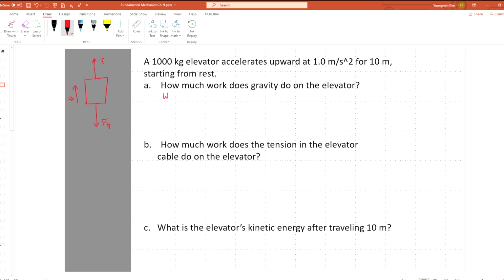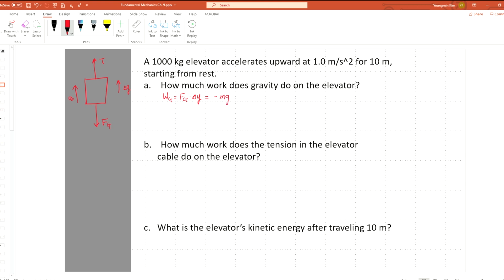It's simply asking for the work done by gravity, which is the force of gravity times the displacement it causes. Now remember, the directionality matters a lot here. The force of gravity is pointing down. The displacement is pointing upward. They are opposite, so you have to have negative work here.